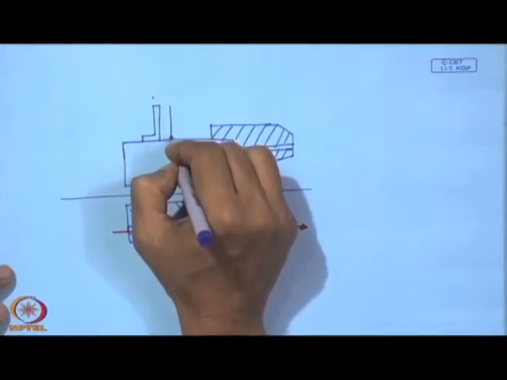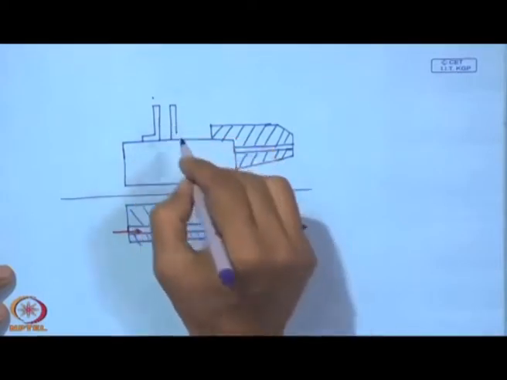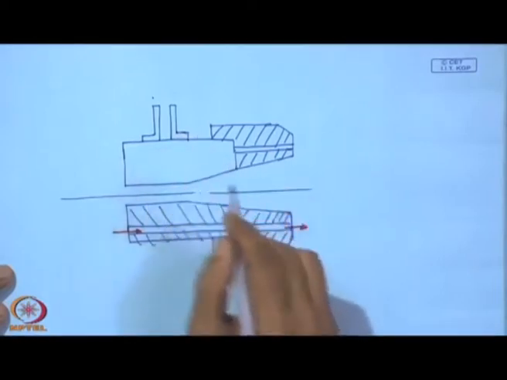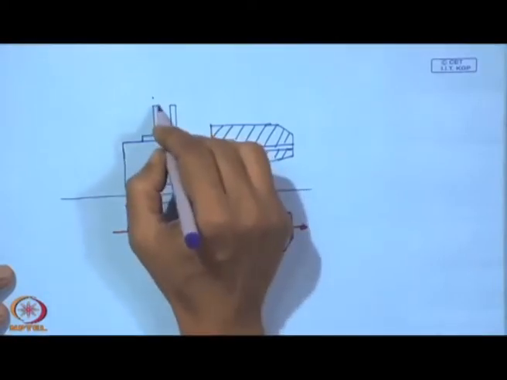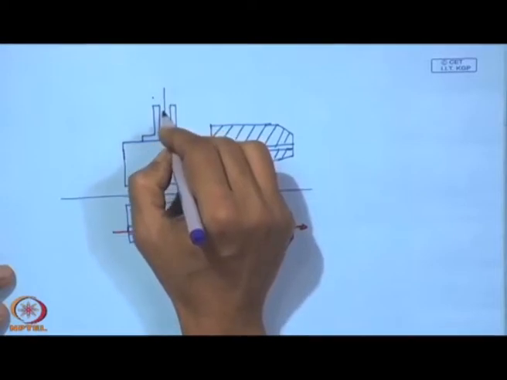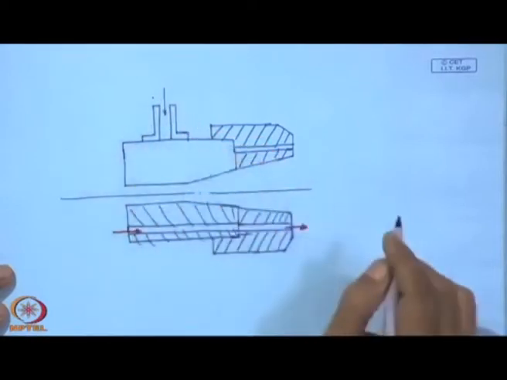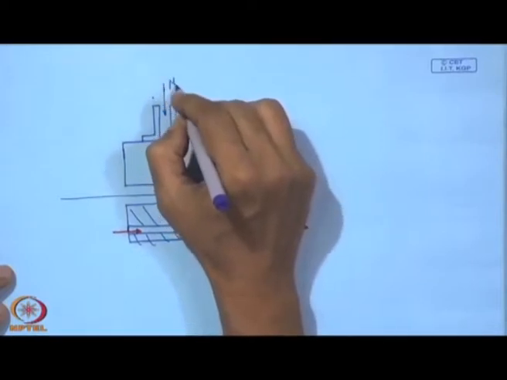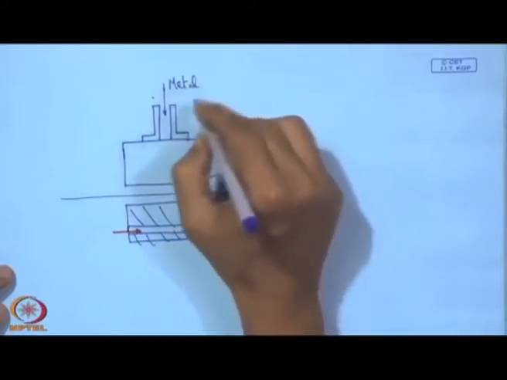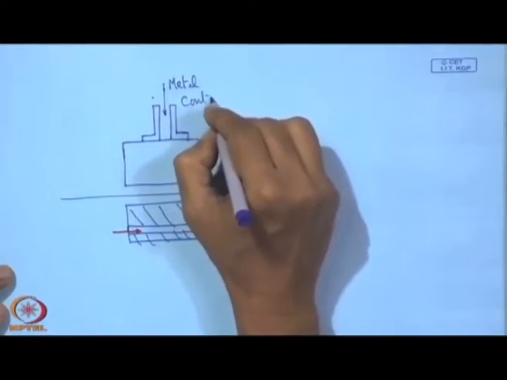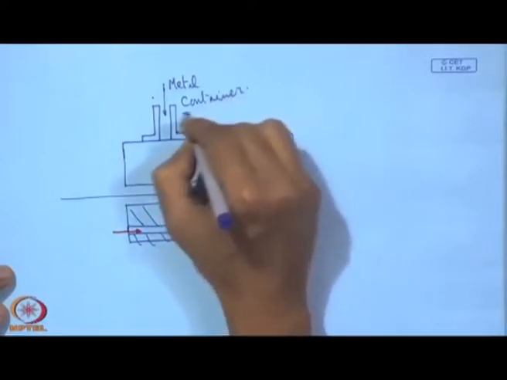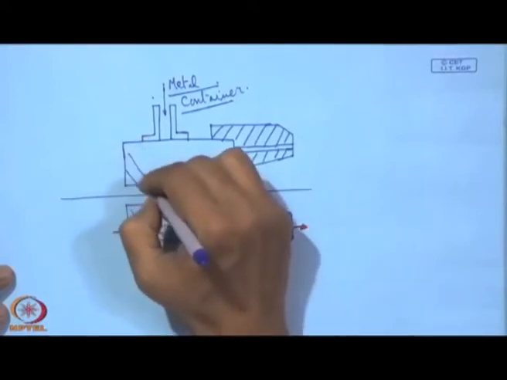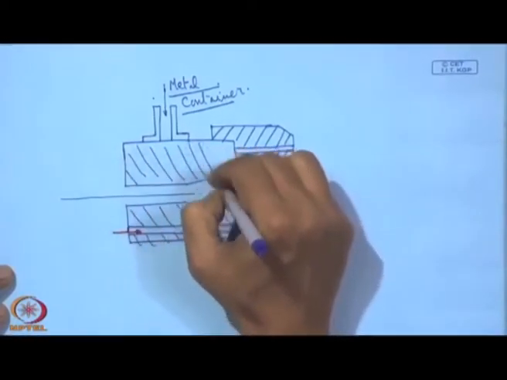This is something like a connector which fits well with this, and on the top of this we have the metal container, which will be put upside down. From this side it goes to the metal container, or the powder container. So, we can now complete this drawing.